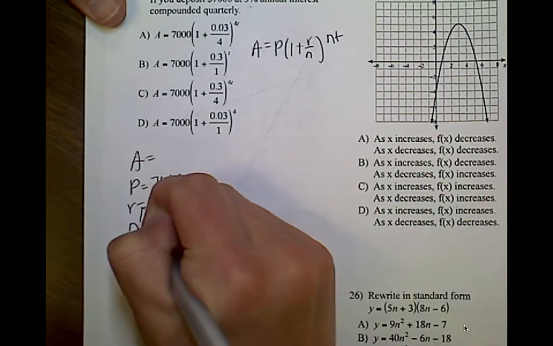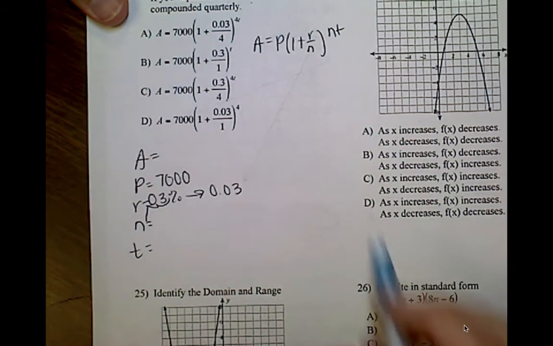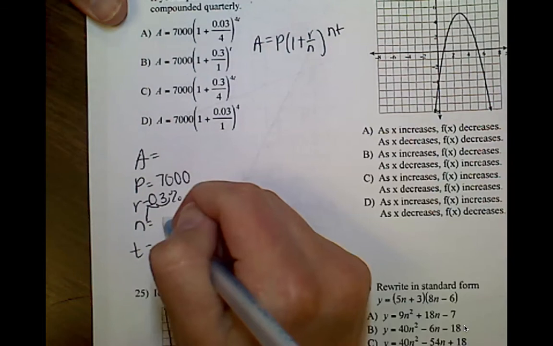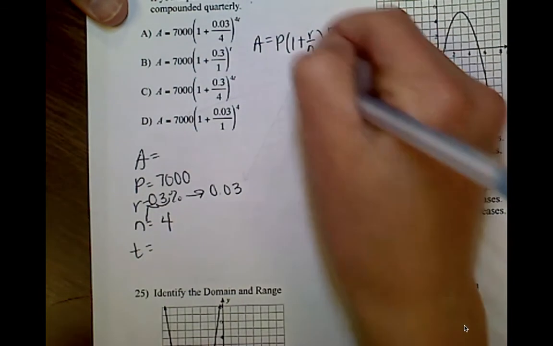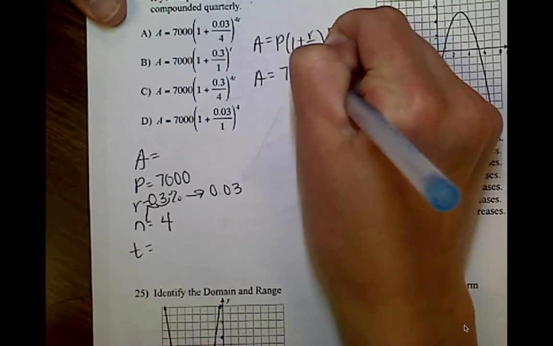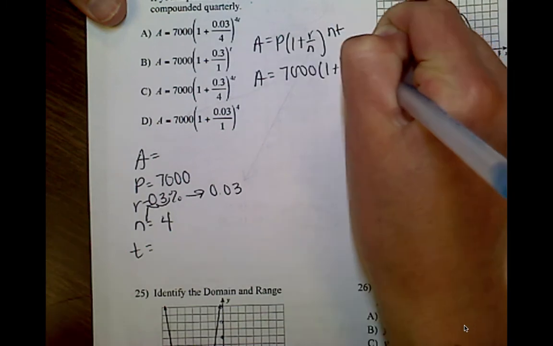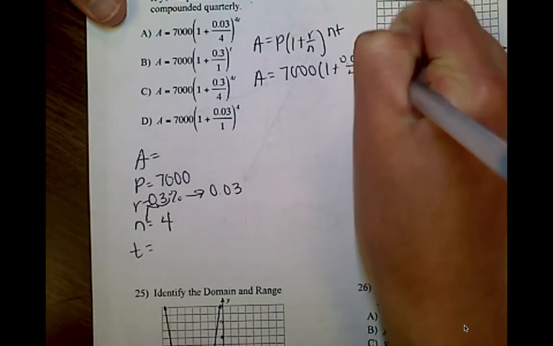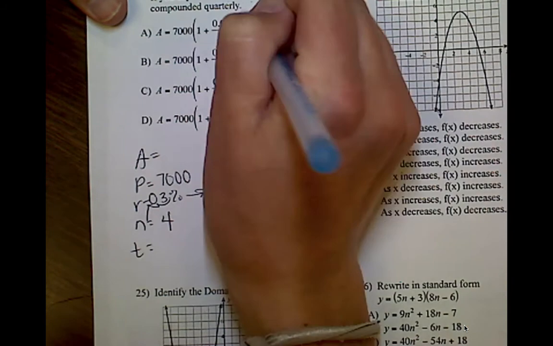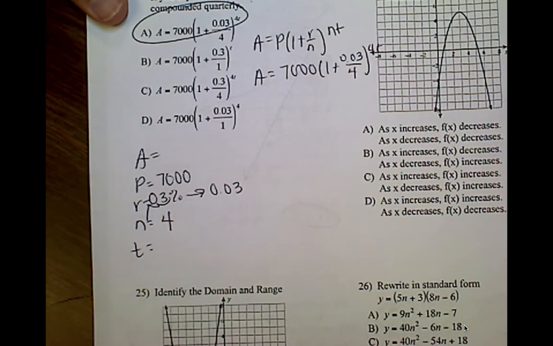And see, if you move it twice, you also get that same thing. And it's compounded quarterly, so that means it's going to be checked 4 times. So when I plug this in, I'm going to replace P with what I know it is, and replace R with what I know it is, and replace N with what I know it is. And that matches up with answer choice A.